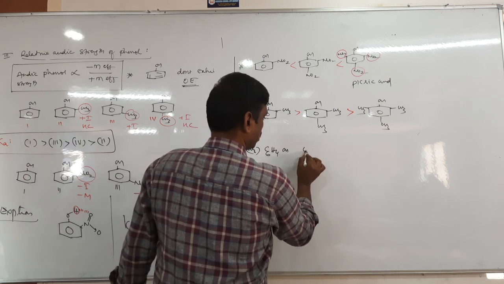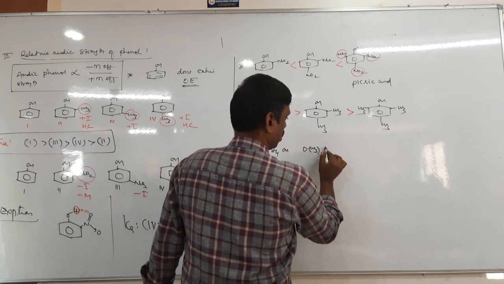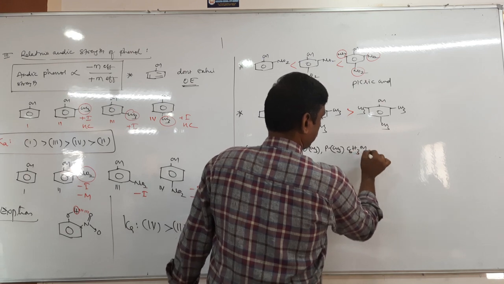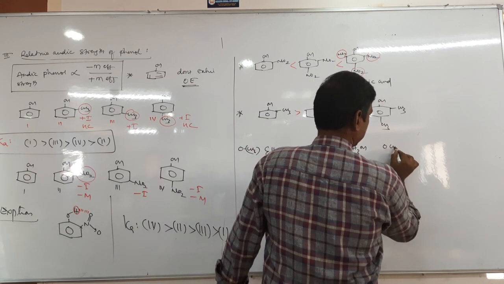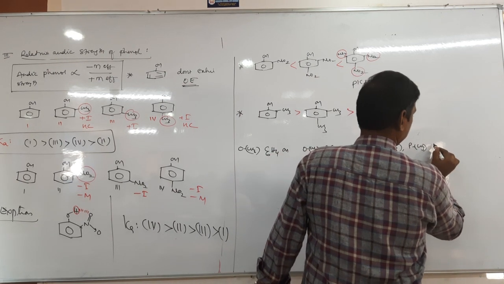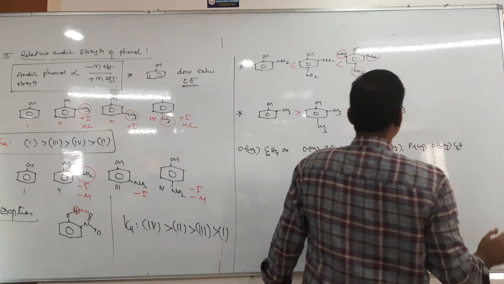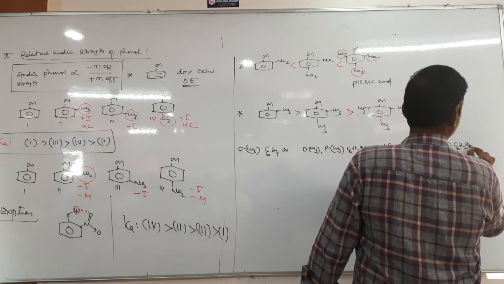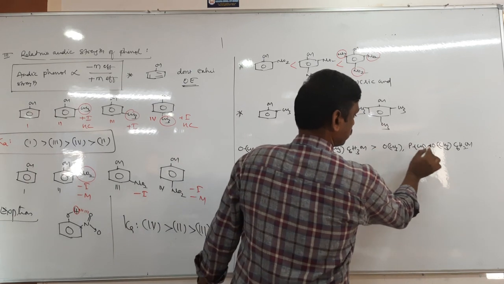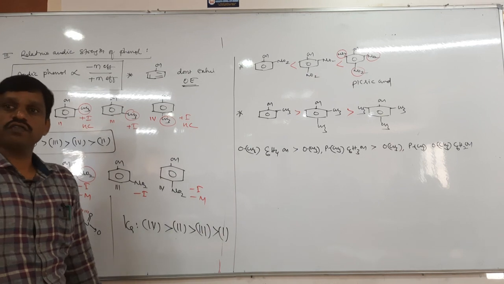Okay, it is ortho comma para C6H3 OH, orthomethyl comma paramethyl comma orthomethyl C6H2OH, like this. You should understand it. 1, 2. Okay, it is the acidic strength of phenol.